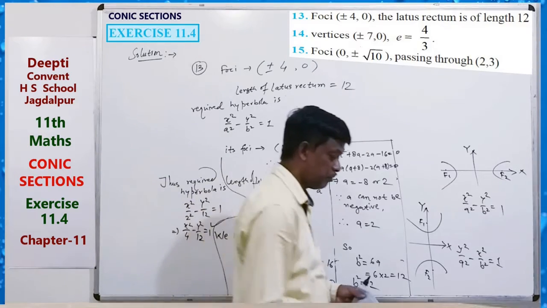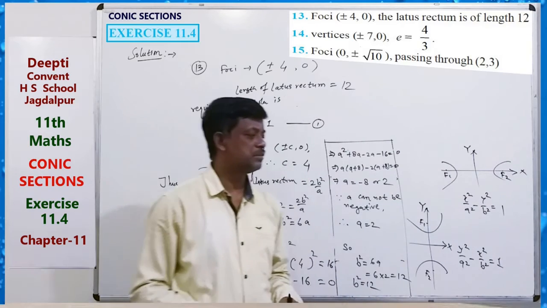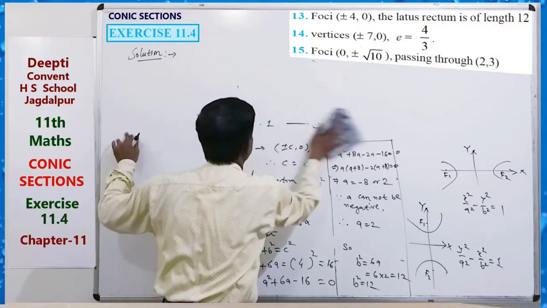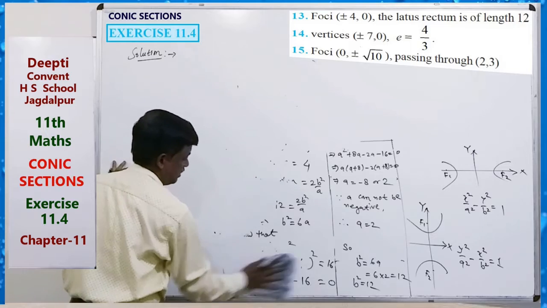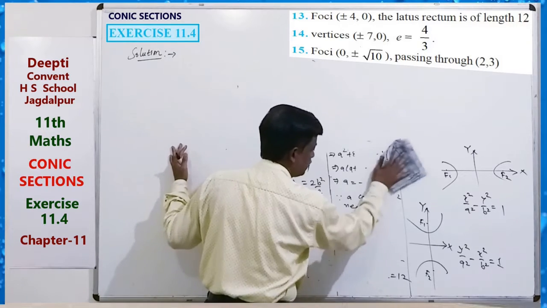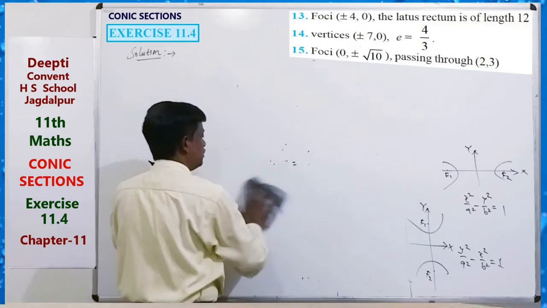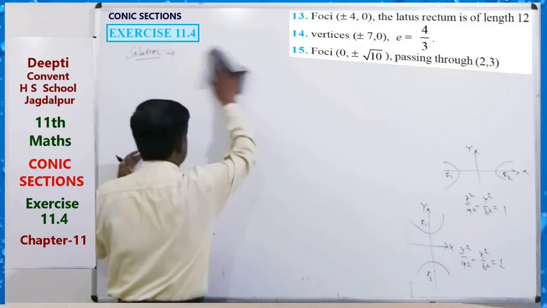Now 14 and 15 are remaining. Okay, find the equation of the hyperbola satisfying the condition: vertex and eccentricity are given here. So just one by one we can decide first what will be the main format of the hyperbola.